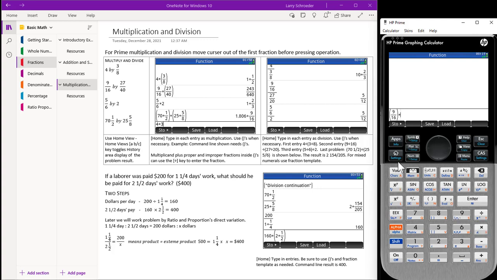Let's put parentheses in again, 27 divided by 40. We do not have to be outside when we press enter. We can be anywhere in the middle. So we press enter and we get this decimal answer.